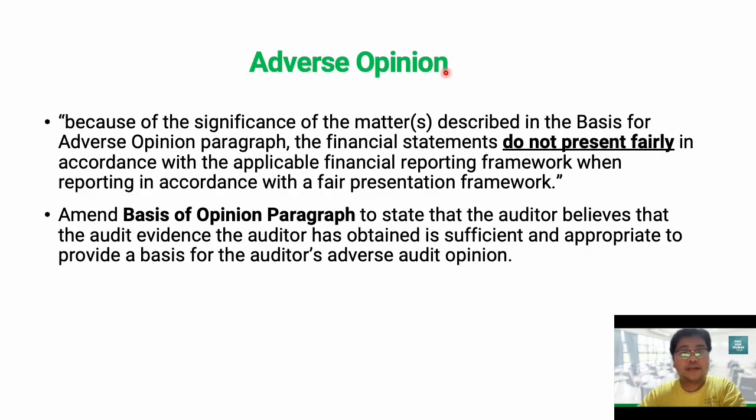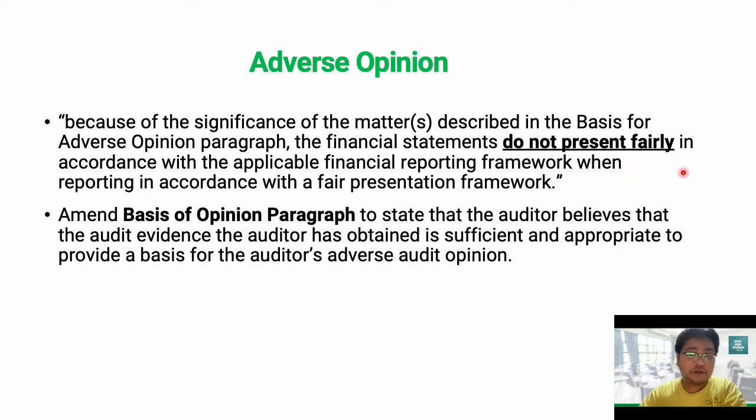So the next one is the adverse opinion. Unlike a qualified opinion, which is less harsh, an adverse opinion is more harsh, because in an adverse opinion we will mention that the financial statements are not fairly presented.